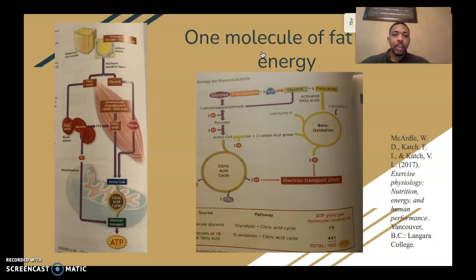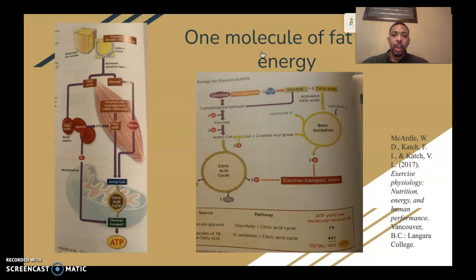So as I stated, triglyceride is broken down further into glycerol and fatty acids. Glycerol goes through the process of glycolysis, but it is only accepted as phosphatidylglycerolide. Sorry, that's a tongue twister for me.